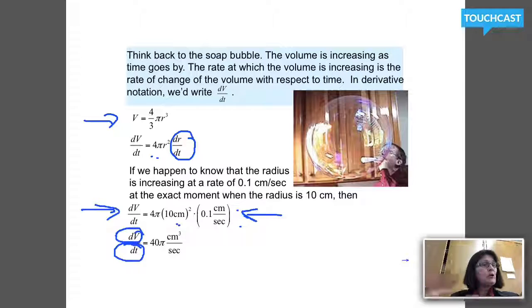In a problem where all the lengths are measured in centimeters, volume is going to be given in cubic centimeters. And in a problem where times are all given in seconds, dt, a very small change in time, is also going to be measured in seconds. So notice volume here, cubic centimeters per unit of time, second, just to convince yourself that these are the correct units.